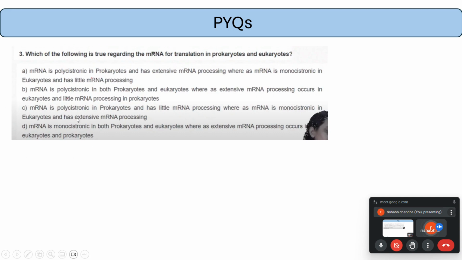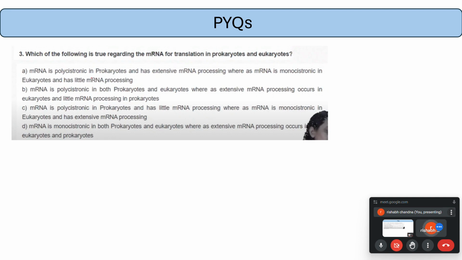So the next question is, which of the following is true regarding the mRNA for translation in prokaryotes and eukaryotes? mRNA is polycistronic in prokaryotes and has extensive mRNA processing, whereas mRNA is monocistronic in eukaryotes and has little mRNA processing. So the second option, mRNA is polycistronic in both prokaryotes and eukaryotes, whereas extensive mRNA processing occurs in eukaryotes and little mRNA processing in prokaryotes.